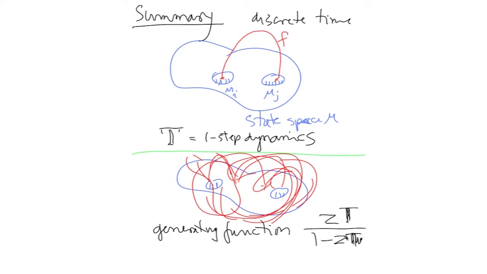And now this generating function, the transfer matrix has a spectrum of its eigenvalues. And clearly, this thing will be divergent as long as my probability of hop is smaller than the inverse leading eigenvalue of this.